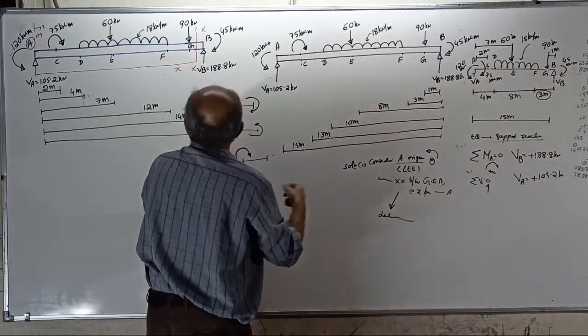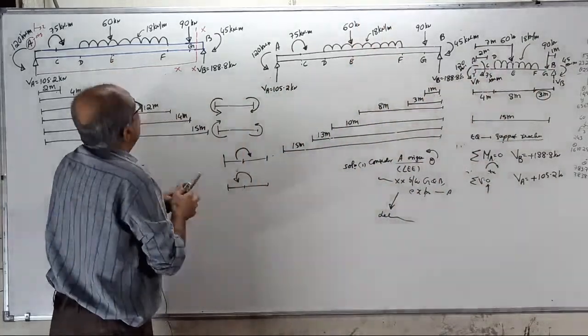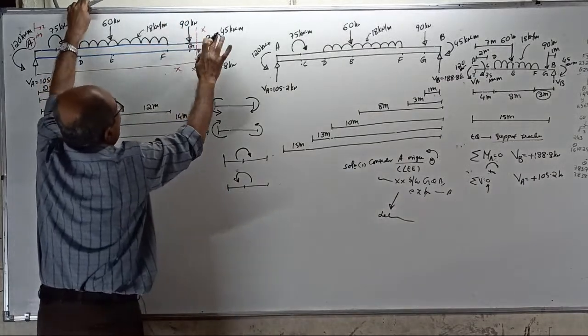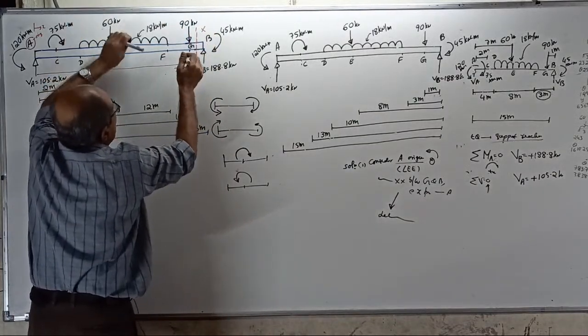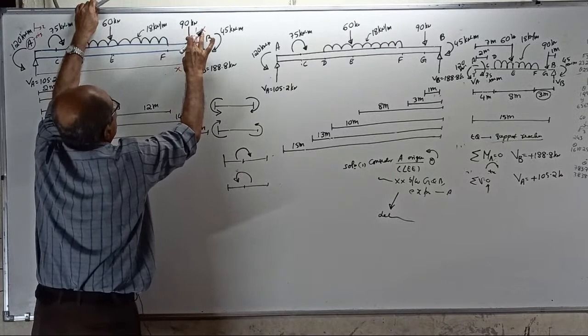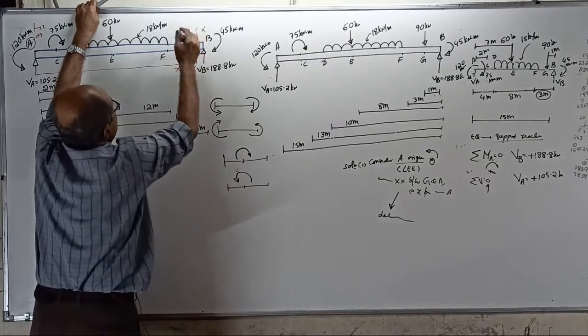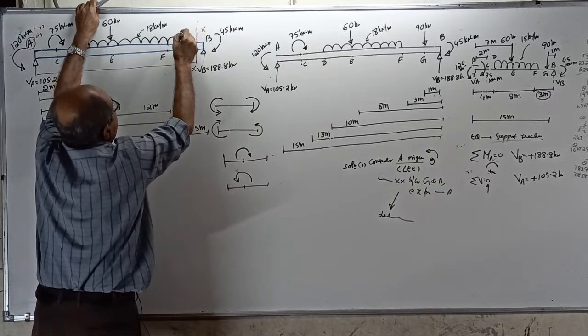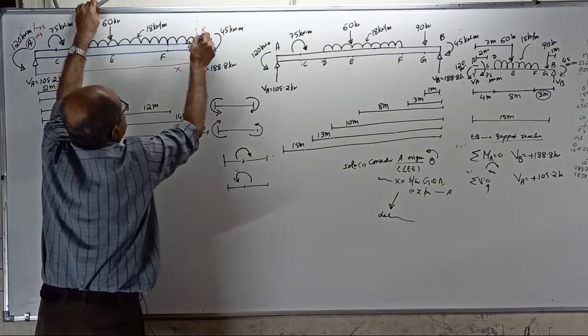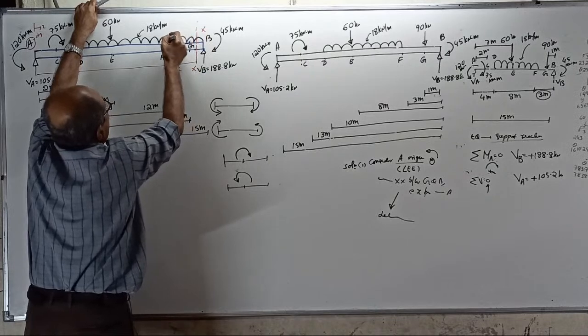Therefore, write a statement. In order that the section XX passes through UDL, what you do is extend this UDL up to B. How much UDL? Same UDL.